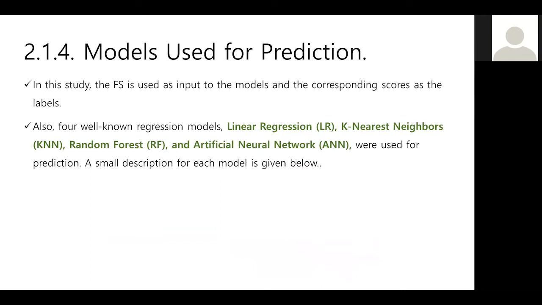In this study, the FS is used as input to the models and the corresponding scores as the labels. Also, 4 well-known regression models, linear regression, LR, K-nearest neighbors, KNN, random forest, and artificial neural network were used for prediction. A small description for each model is given below.